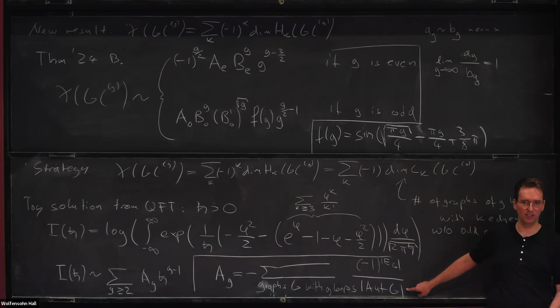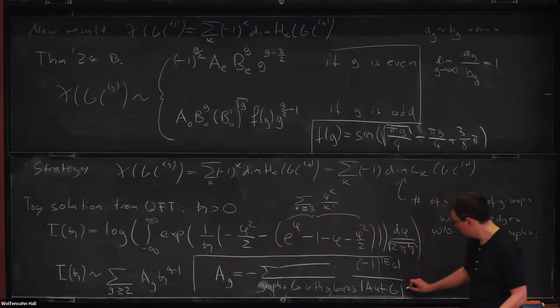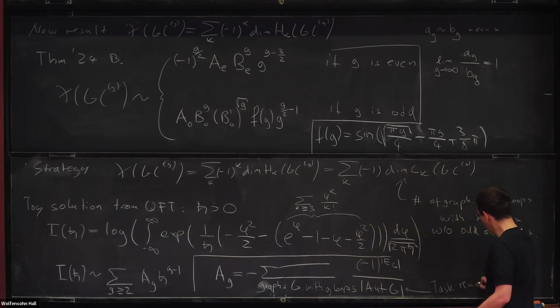We want to weight each graph with a 1 and not with 1 over the automorphism group. So, task: remove this. This is just a sketch of the proof strategy, or one possible proof strategy.